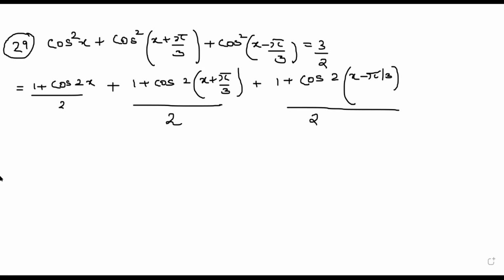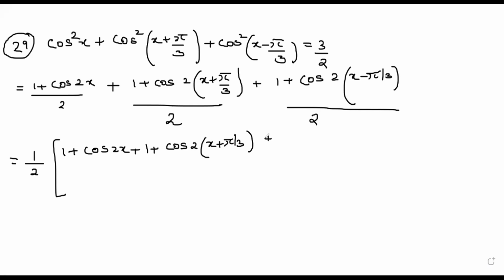Okay. Now we can take the LCM. So LCM is 2. We can write this 2 over here. Now here we have 1 plus cos 2x plus 1 plus cos 2 into x plus pi by 3 plus 1 plus cos 2 into x minus pi by 3.